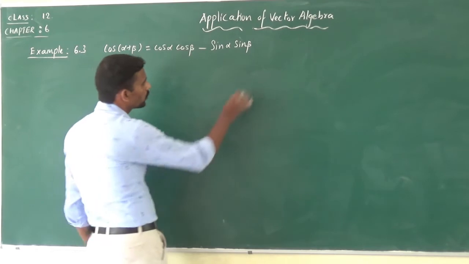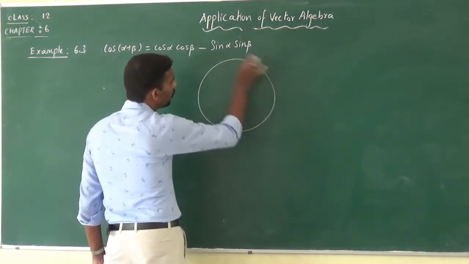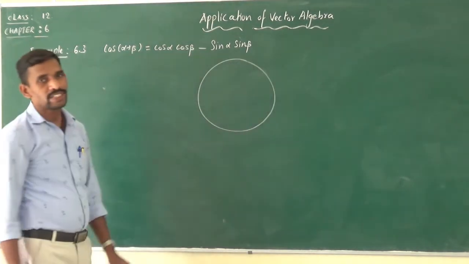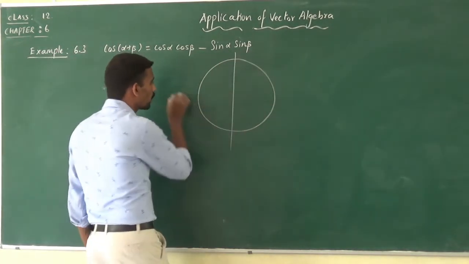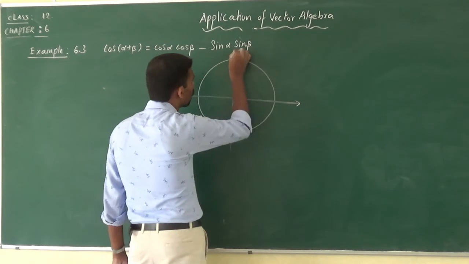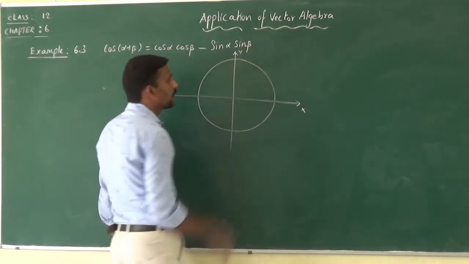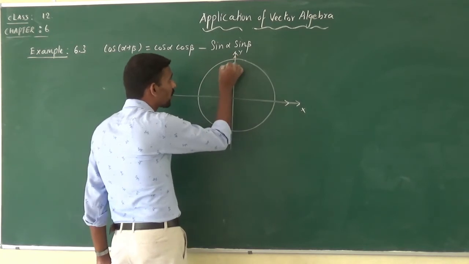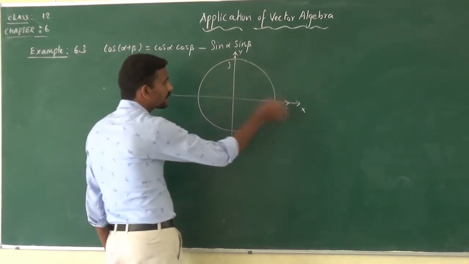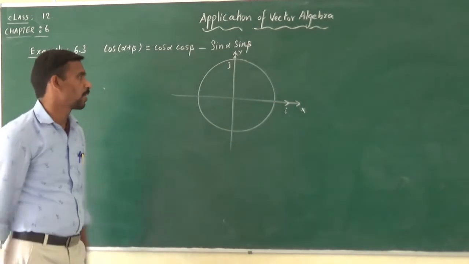So now I am going to take a unit circle, which means the radius should be 1. Mark the coordinate axes, x-axis and y-axis. Then i vector and j vector are unit vectors acting along the x-axis and y-axis respectively.